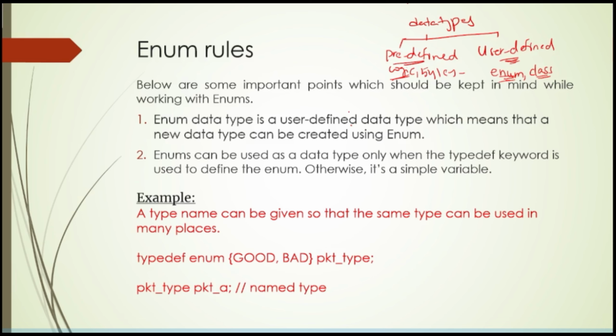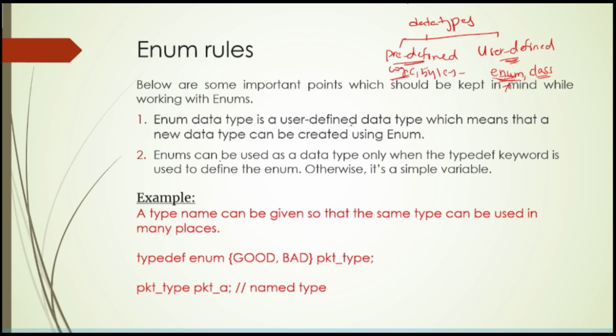So I am the user of this enum keyword, and I can create my own data type with any name by using it. Got my point? That is the meaning of user defined data type and predefined data type. I'll give you an example so that you will understand easily.